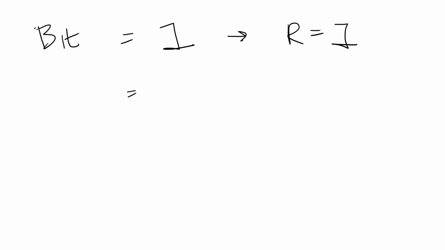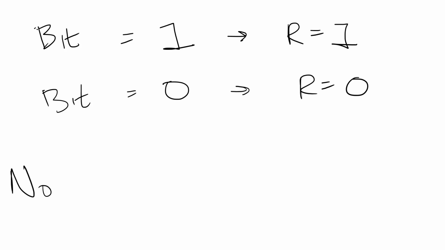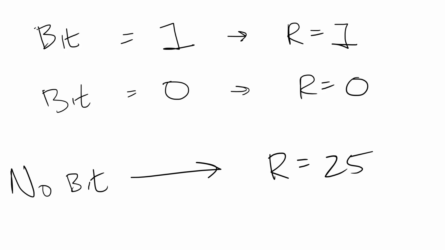So we're going to do a few things. If the bit equals 1, we're going to set red equal to 1. If the bit equals 0, we're going to set red equal to 0. And with no bit, red equals 255. So we're going to do 3 things.